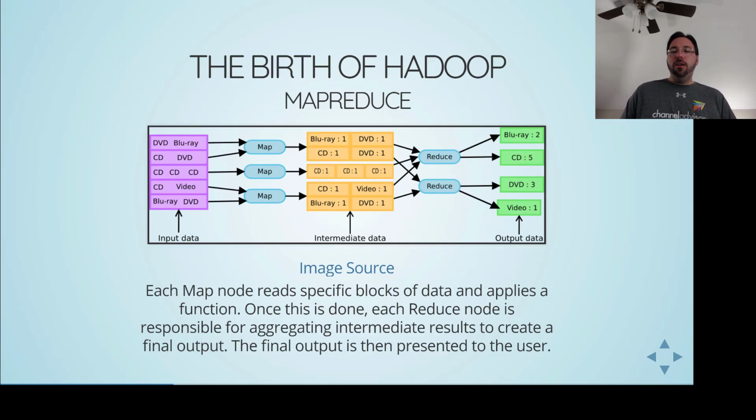Here's an example of MapReduce in action. Let's suppose that we run a large retail store, and this is probably about 10 years ago, back when we had large retail stores that tended to sell a lot of electronic items. And we sell media: DVDs, Blu-rays, CDs, VHS cassettes.